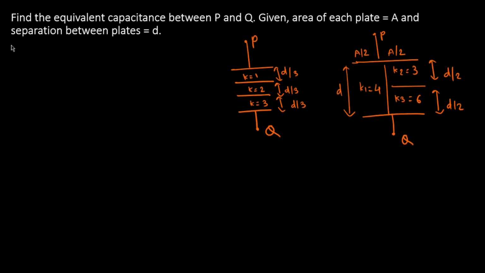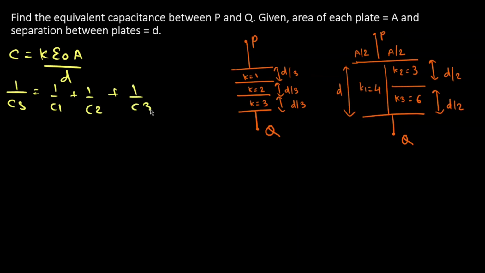We know the general formula for capacitance is C equal to K epsilon naught A by D. Here the capacitors are connected in series, so 1 by Cs will be 1 by C1 plus 1 by C2 plus 1 by C3. Let's take the dielectric constants as K1, K2 and K3.